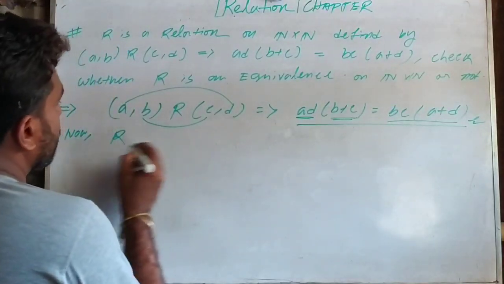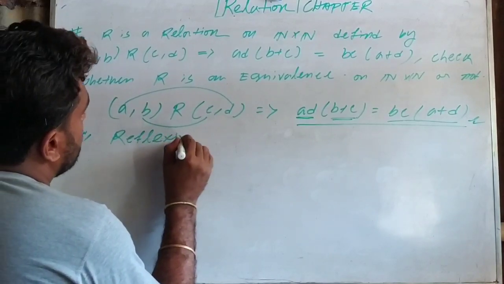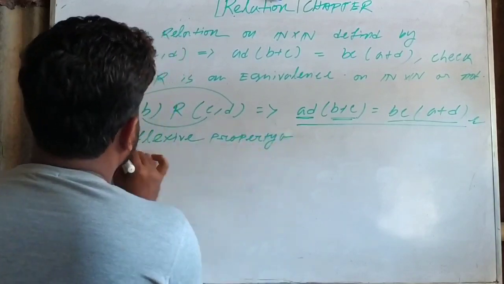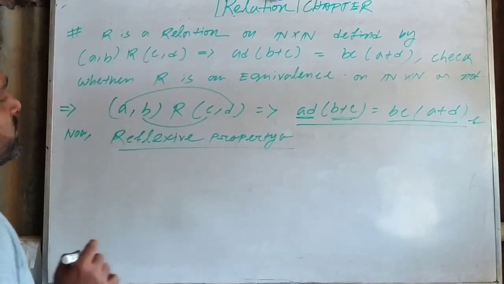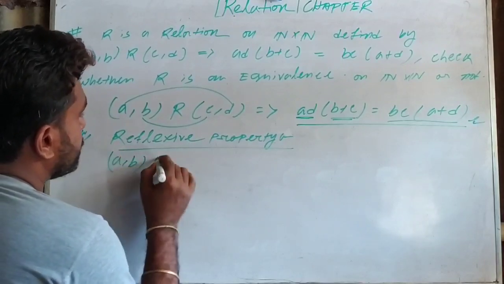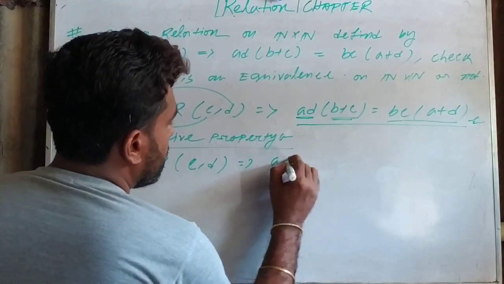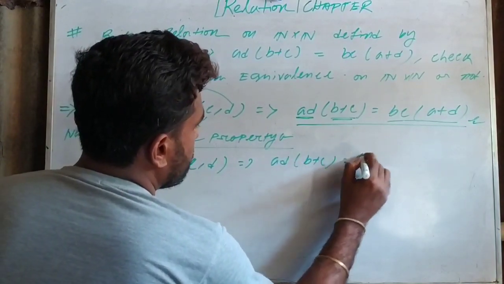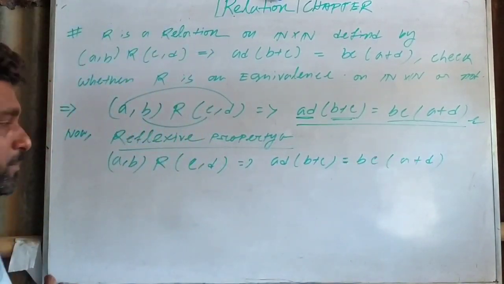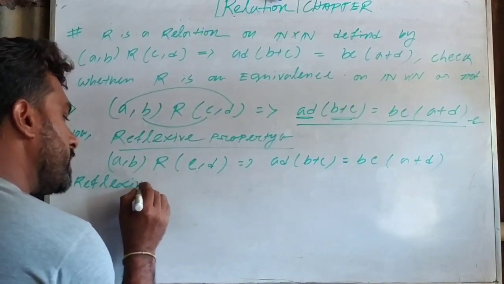Now, the reflexive property. For this reflexive property, this part obviously has to be written here: AD, B plus C, and BC, A plus D. Now, as you all know, for the reflexive property, two same elements need to be chosen.